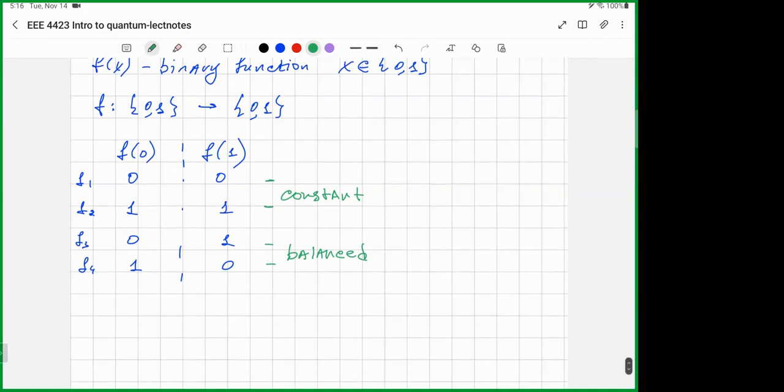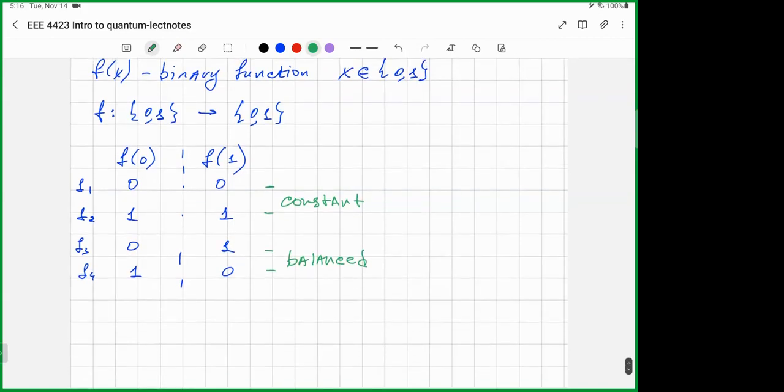Okay. So sometimes a function like this one is called an oracle, because it gets something in input, like a request. We ask the function and it returns either 0 or 1 as an output, like an answer to our question.